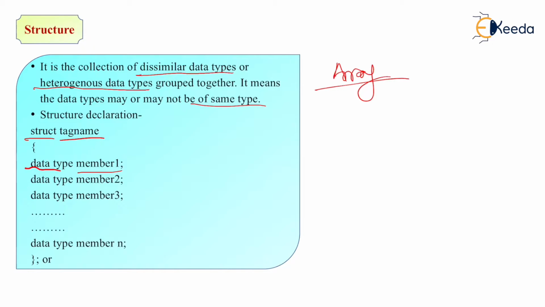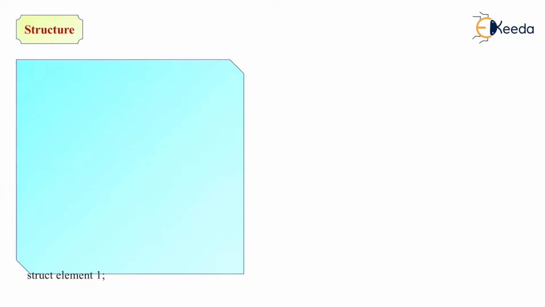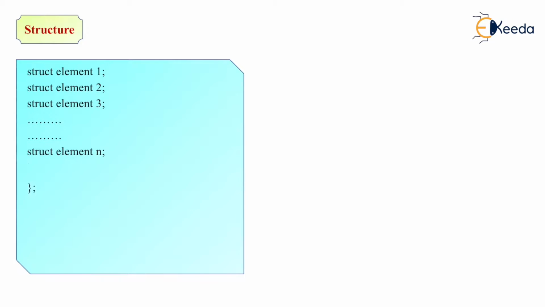This is one type of declaration of your structure. If you want to declare the structure in different ways, that is also possible: structure name, then different elements, close it with a semicolon, then the structure and the variable declaration, like which object you are going to define with that structure.